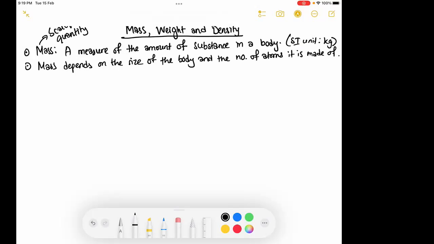Do you have inertia in your syllabus? Inertia is the resistance of a body to a change in motion. Not just motion, I guess, resistance of the body to change in its state of rest or motion.